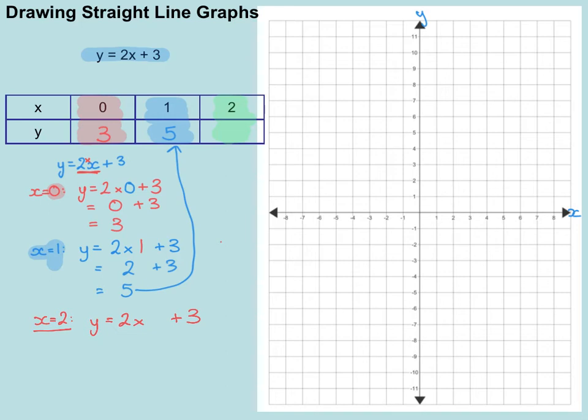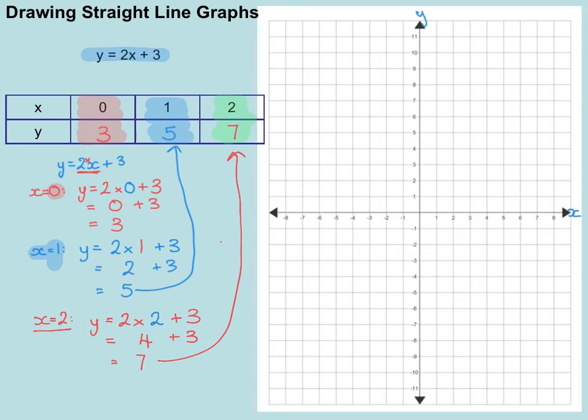So this time we know that our x is 2. We're substituting 2 in there. 2 times 2 makes 4, and then we're adding on 3. So that makes 7. So again, pop that back into my table, and I've got my 7 there. So that's the first bit worked out.